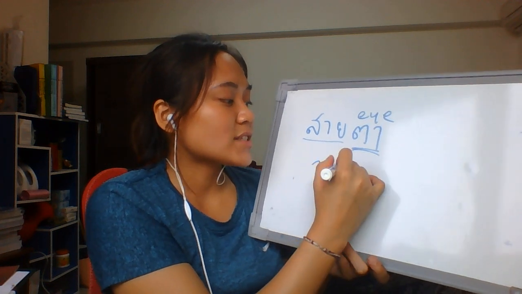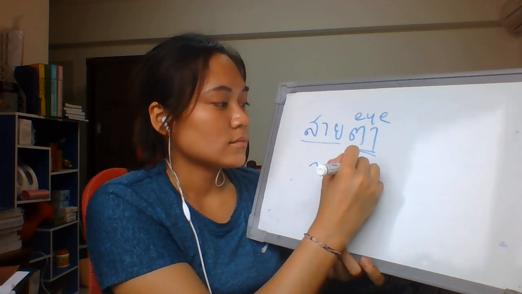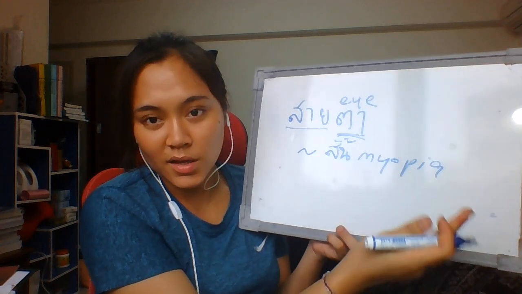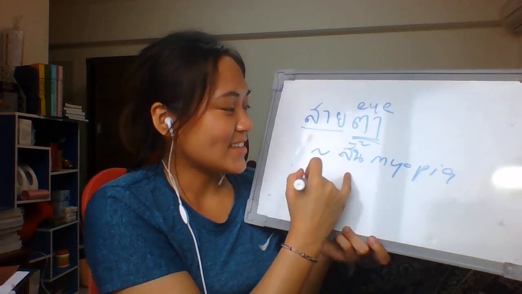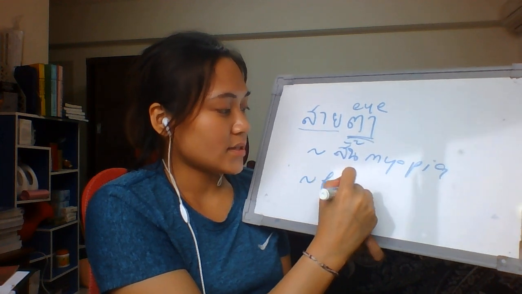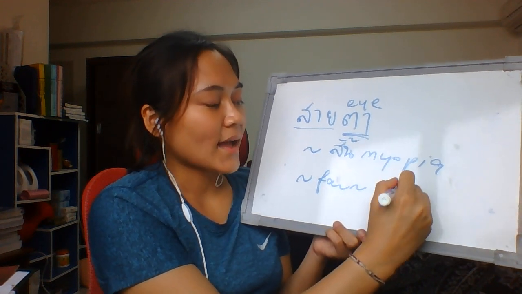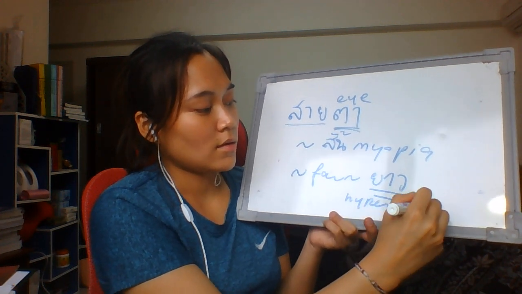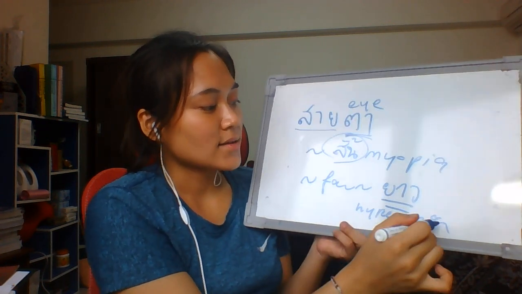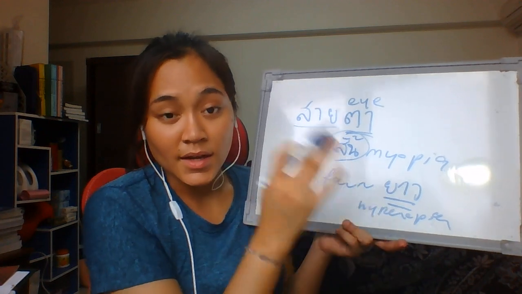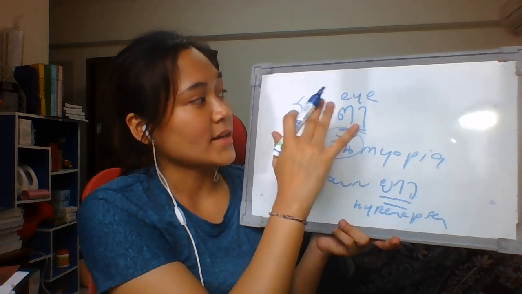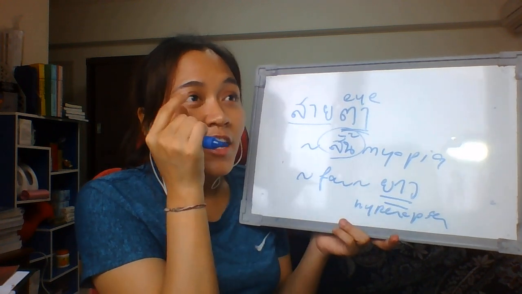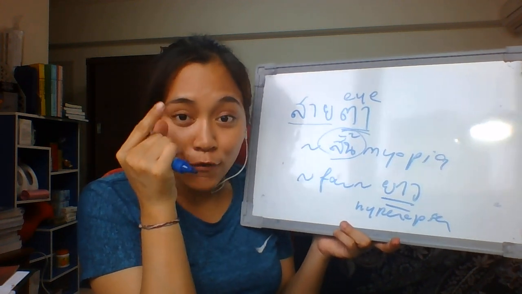If you have heard of สายตาสั้น, it means myopia or nearsighted. And far-sighted we call สายตายาว, hyperopia. So สายตาสั้น and สายตายาว are about the degree of your eyes.